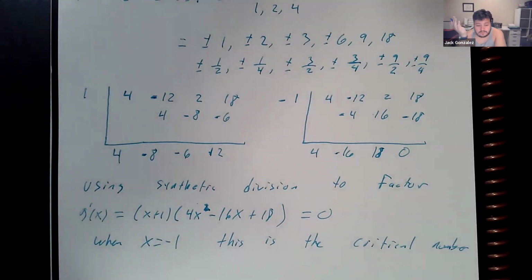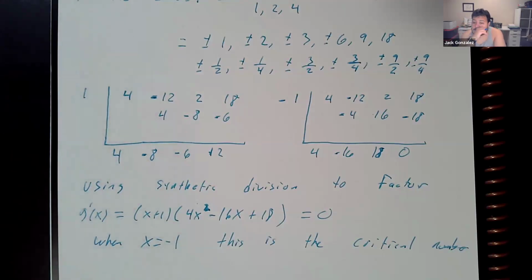We should verify, but it's the only critical number, and we are trying to find the closest, which means minimize distance. Any questions so far? Going to the next step.